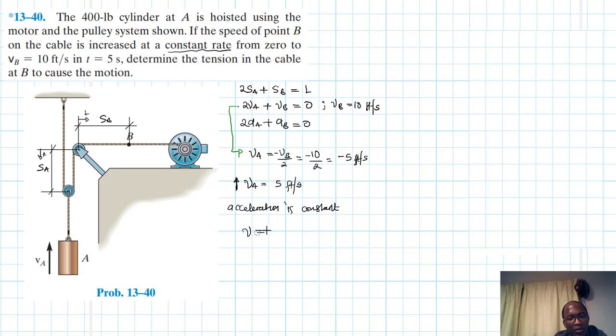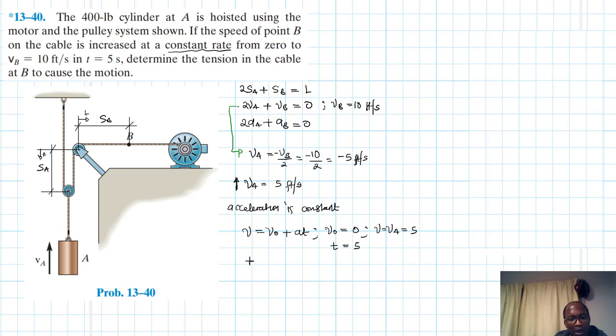So I'll use this equation, v is equal to v naught plus at, where our v naught is just equal to 0. Our v is equal to VA, which is equal to 5, and our a is what we are looking for. Our time we've been told is equal to 5 seconds.